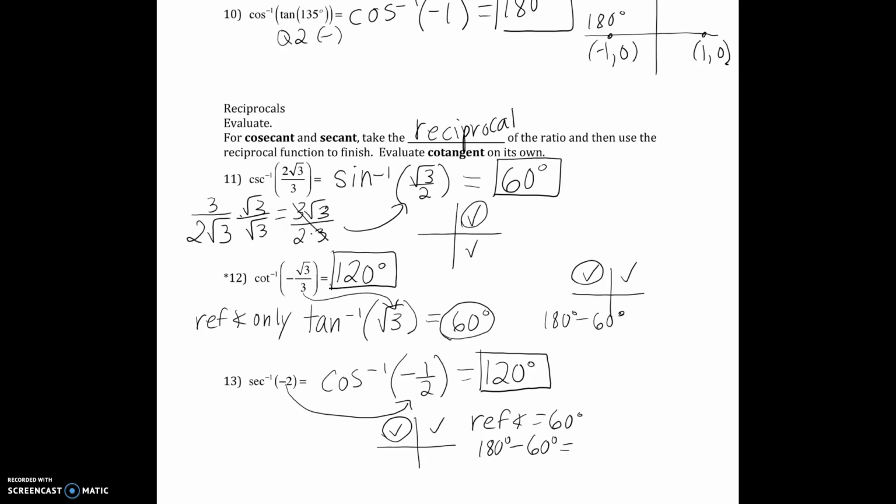Okay, and our last type of question will involve using triangles. And technically, you probably could use triangles for a lot of these questions. I am just going to do a blank page here because I don't have the copies of that. So for the triangle composition, for number 14, tangent of sine inverse of negative 1/3.